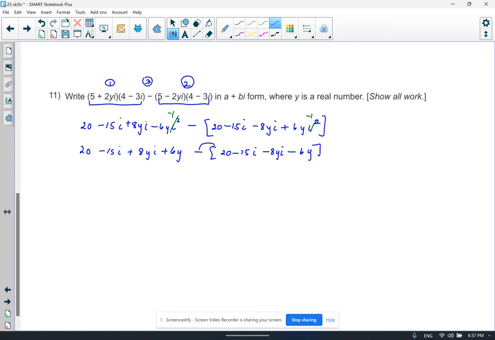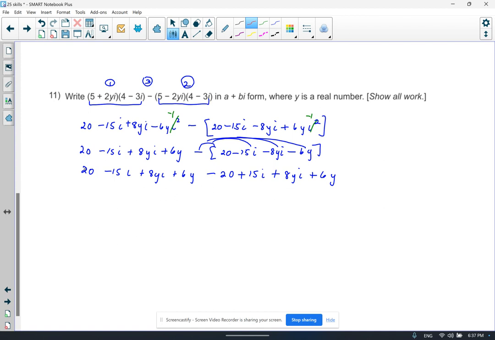We're now going to distribute, and we get 20 minus 15i plus 8yi plus 6y minus 20 minus 15, I'm sorry, plus 15i, just be careful, I almost made a mistake. Minus times minus is positive 8yi, minus negative times negative 6y is positive 6y.